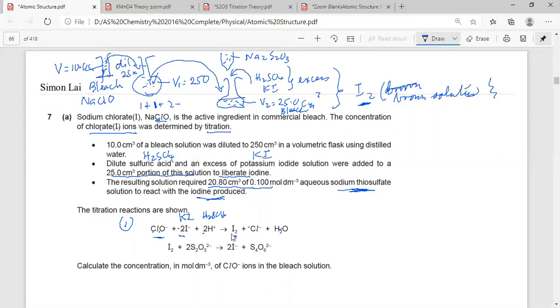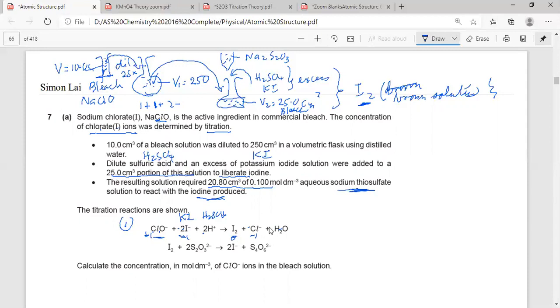If you look at it, it is already a redox reaction, because it's +1 here, and this -1 goes to 0, isn't it? So this is a redox reaction already.